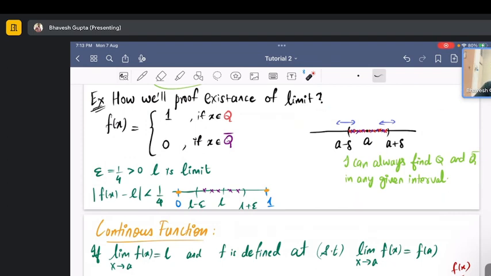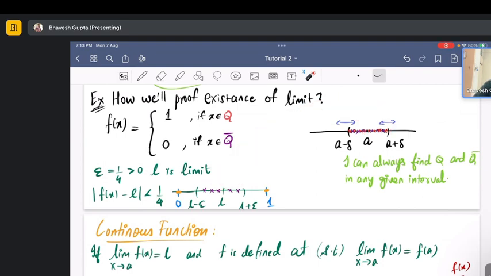No matter what interval you create, because an interval is basically a finite range, finite size, I don't know what to say, an infinitely countable set of numbers. Okay, so I can always find rational numbers and irrational numbers inside this interval, and the idea is that the limit exists when all these values map inside this interval, right?